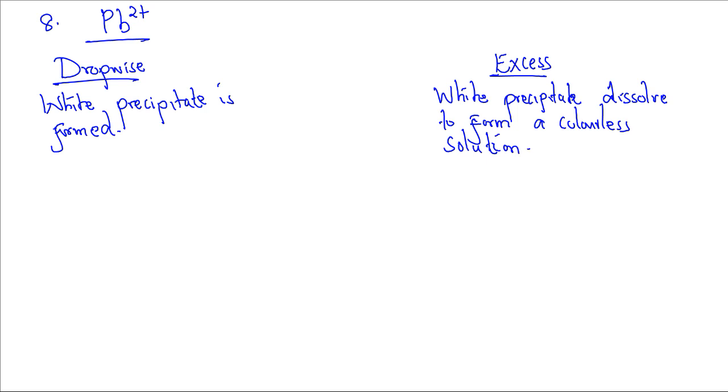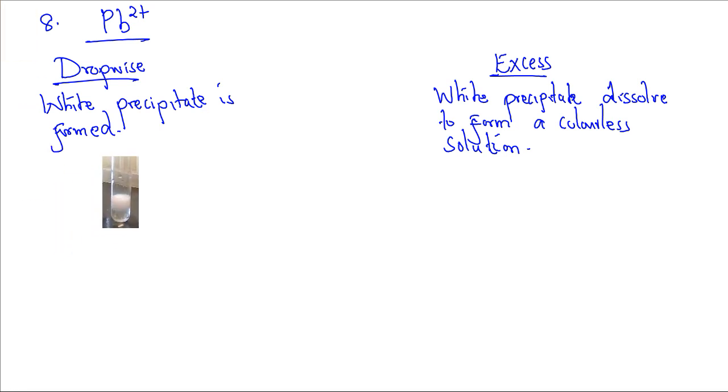In the dropwise, we have said we have a white precipitate of lead II hydroxide. Then in excess, the precipitate dissolves to form a colorless solution.